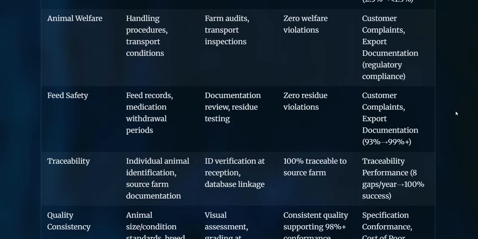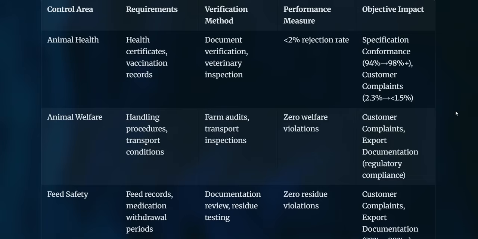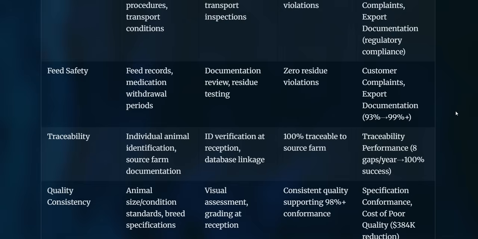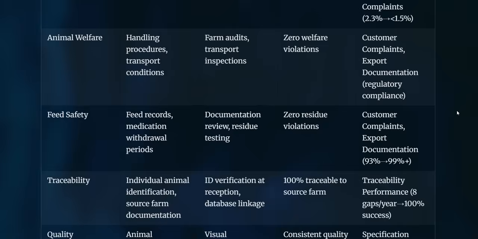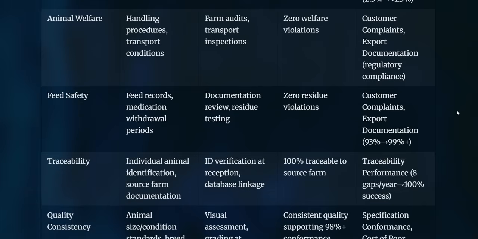And then we have traceability as a control area. The requirements for this area include individual animal identification and source farm documentation. Those are our requirements.